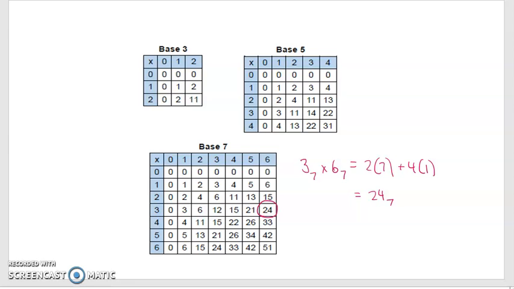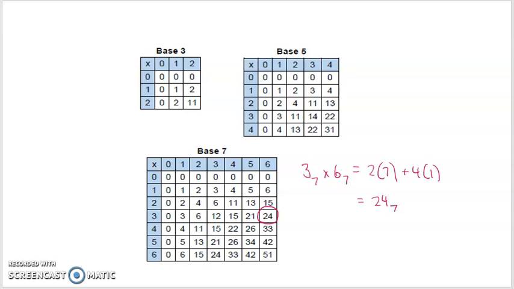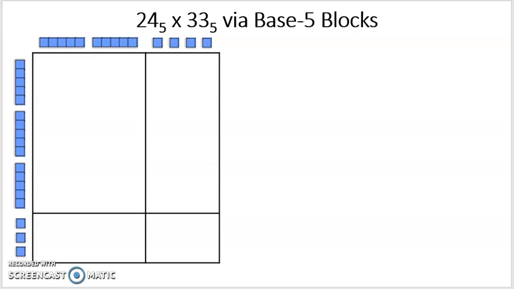Now, one of the tools for when we start to multiply bigger numbers, larger numbers, such as 24 base 5 times 33 base 5, a concrete tool is using base 5 blocks. And you think of this 24 base 5 times 33 base 5 as, essentially, I could write it like this.